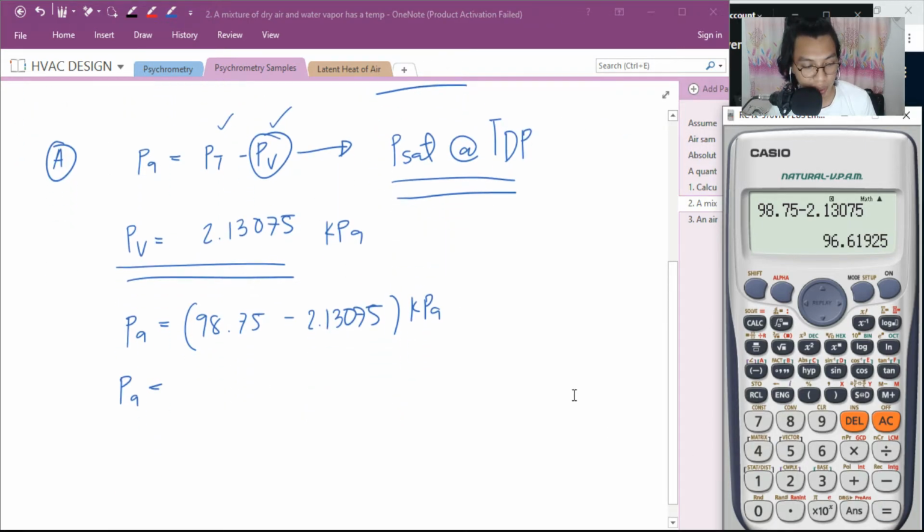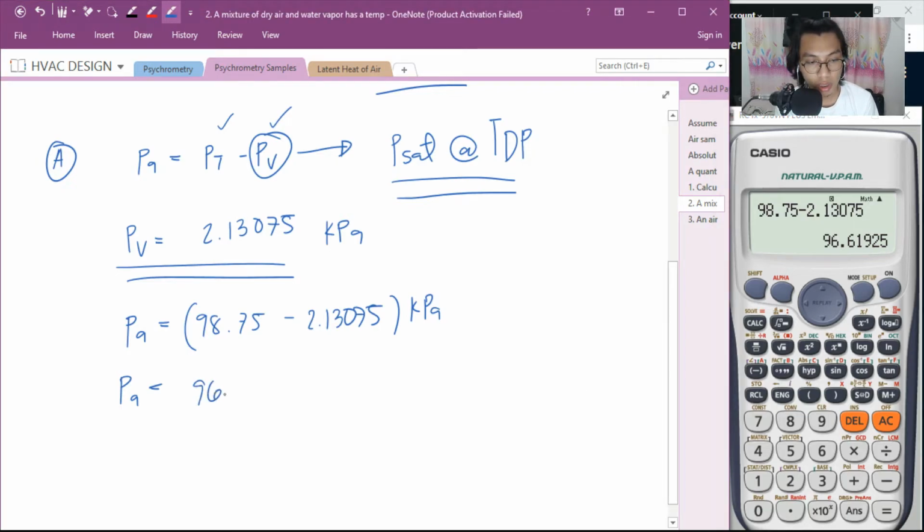So that is 96.56925 kPa. You store the value for letter A.